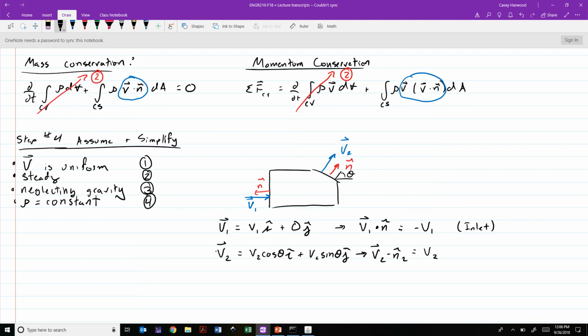This is why it's really nice to have placed the outlet, that chunk of the control surface, perpendicular to the flow, because basically that dot product just becomes a plus sign or a minus sign. And the reason this is great is because this term, this term, this term, and this term show up here and here when we're dealing with the control surfaces.